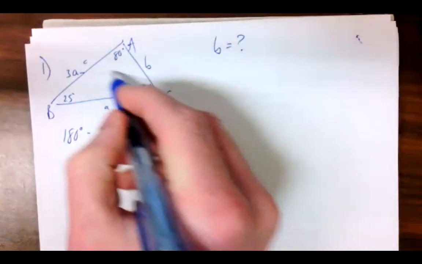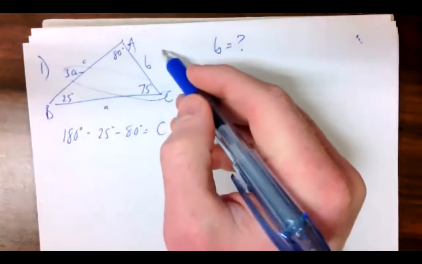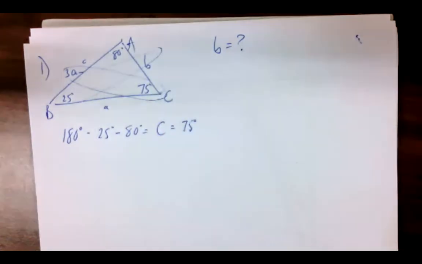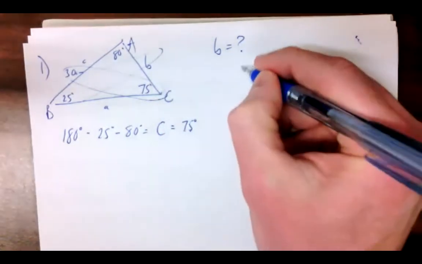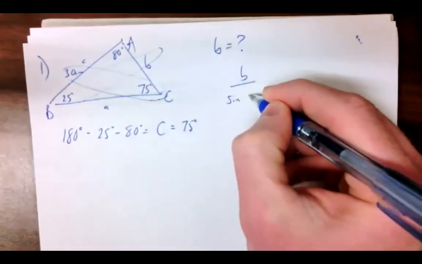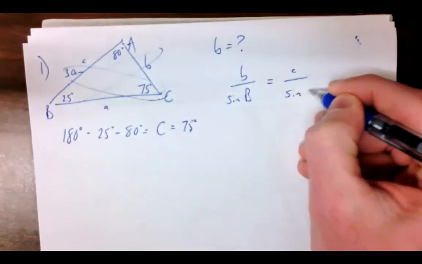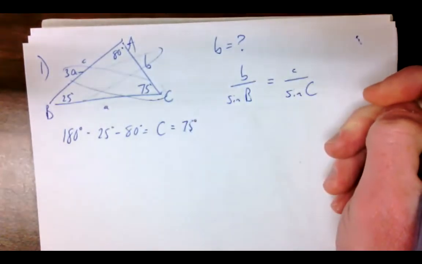Now we have two pairs that we can work with. The unknown is the side, so I'm going to write it as b over sine of B equals c over sine of C. Any problems so far? Does that make sense?